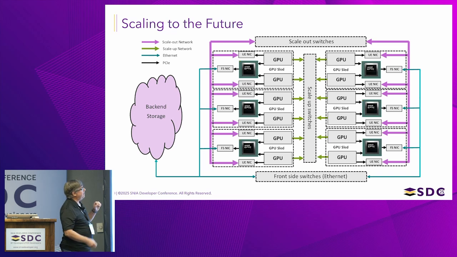We want to be able to scale this to hundreds of GPUs, maybe even thousands. To do that, you want a network that allows you to create a single memory domain of all the GPUs connected to it. That's what is known as the scale-up network that sits right in the middle. It's a memory coherent network, so the GPUs see the memory of every other GPU on that network.